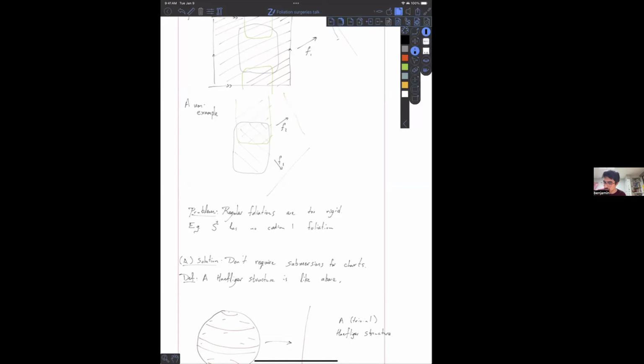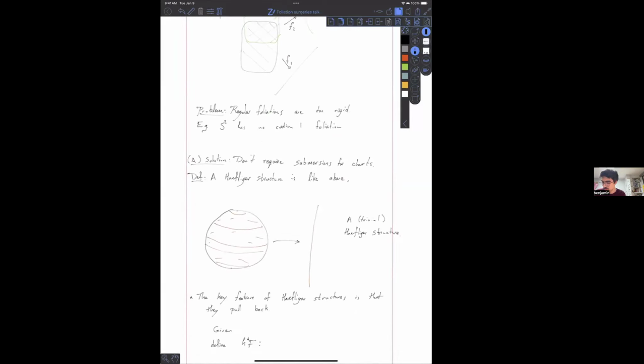So there's various ways to get around this, generally by allowing singularities. And so one solution to this is Haefliger's solution, which is you don't assume that these were submersions. Okay, so a Haefliger structure is exactly the definition above, but with arbitrary continuous maps.